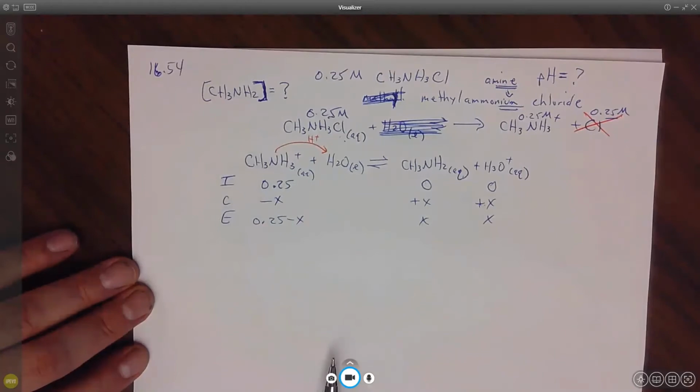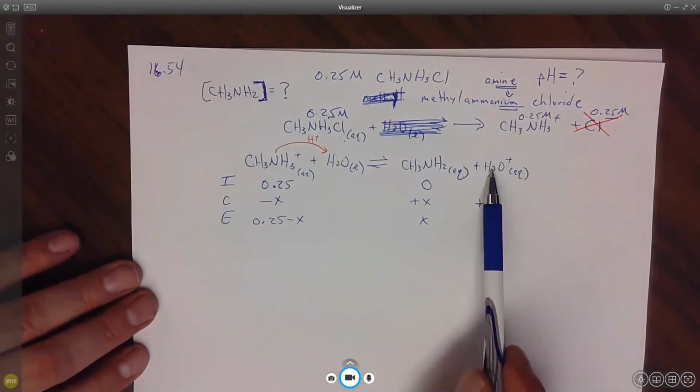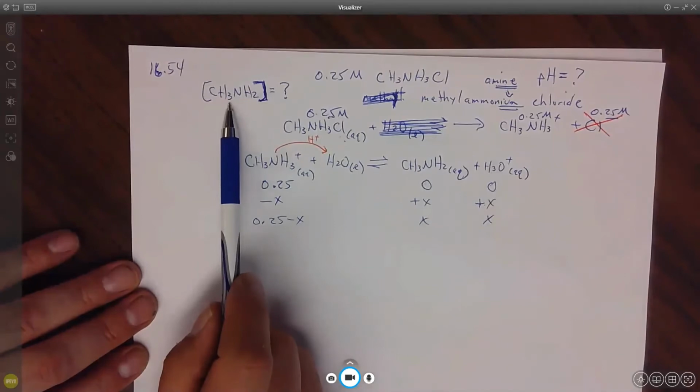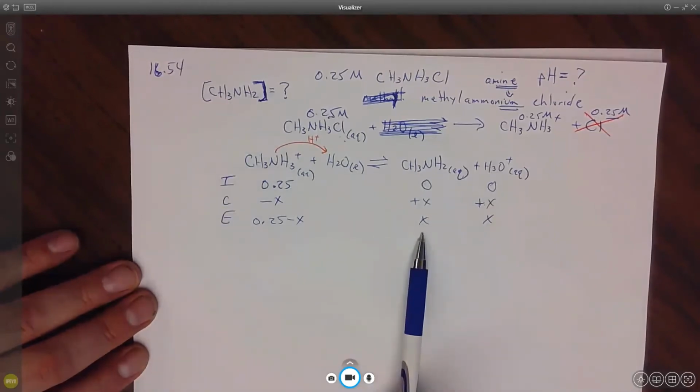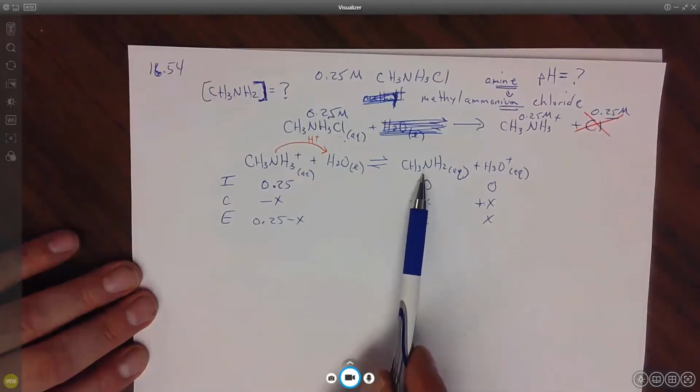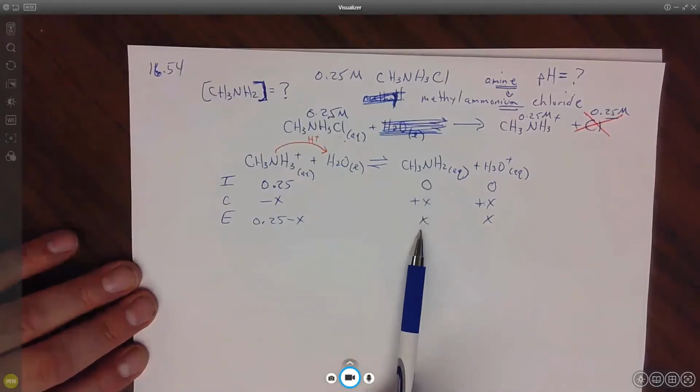Or it's just X, right? X is the concentration of methylamine. This is the equilibrium concentration of methylamine. So we're just looking for X.